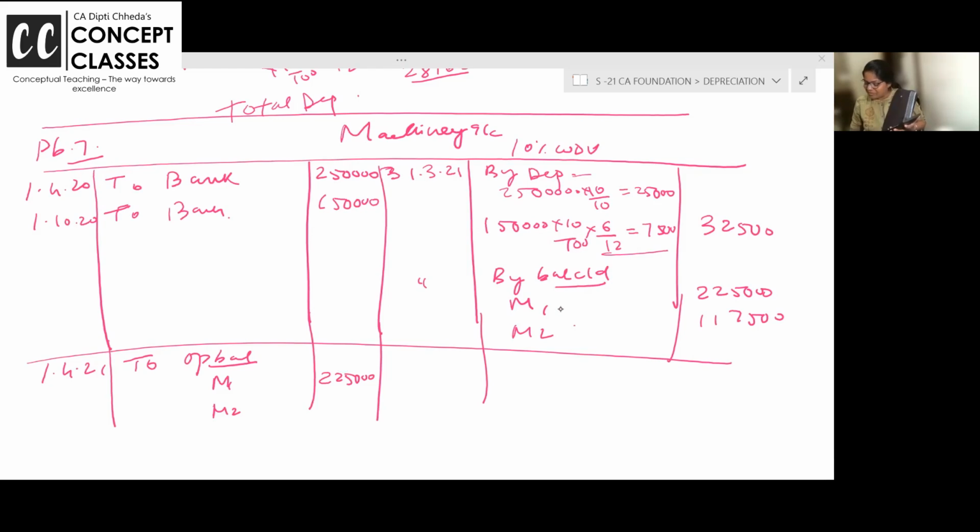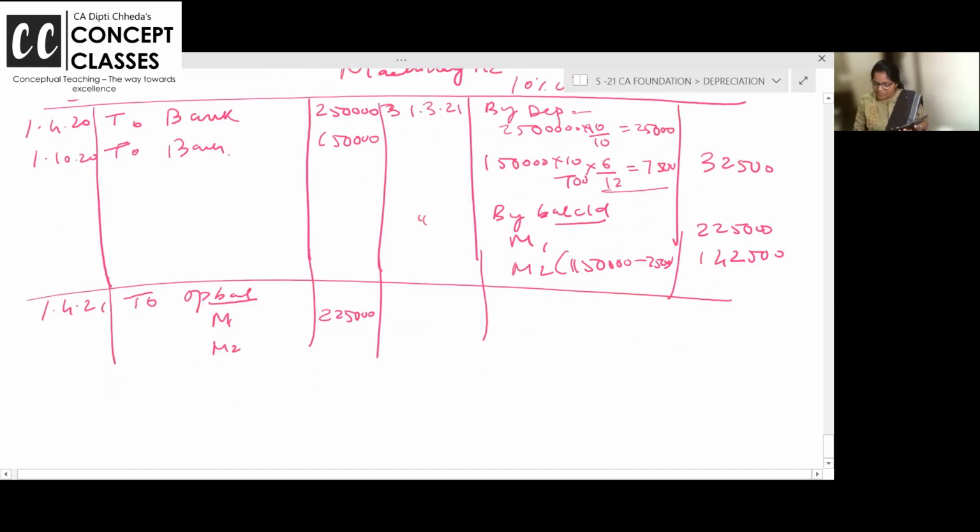Machine 2 is 150 minus 7,500, that is 1,50,000 minus 7,500. Very correct. So happy. If you are catching my mistake, I am happy that at least you are ahead of me.